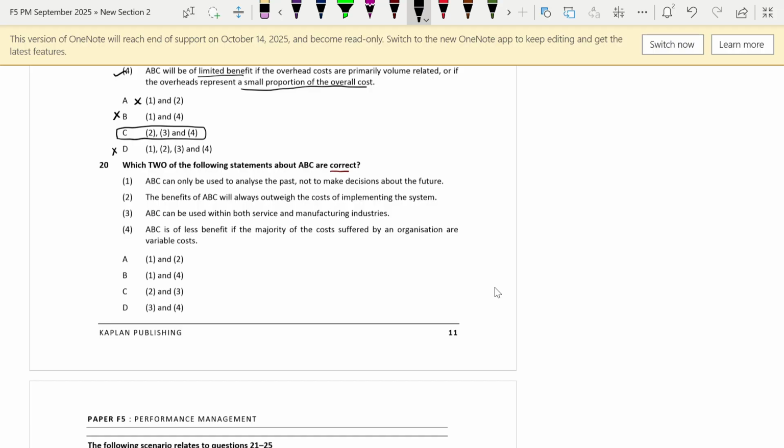ABC can be used for service and manufacturing. Next.